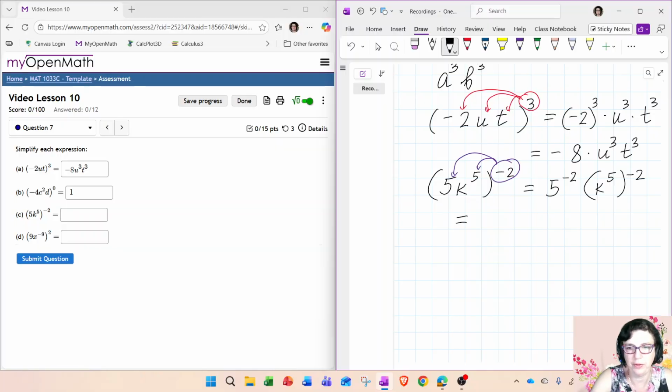So all I've done so far is just distribute the power to each term. Now, what is 5 to the power negative 2? Remember what negative 2 does. We're going to write it as a fraction by just inserting that over 1 on the bottom. If I want to take this guy and move it to the bottom, what happens to the power? The negative power will become positive. Okay, that's the definition of a negative exponent.